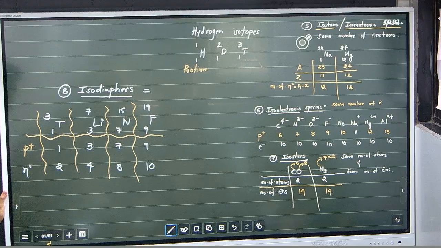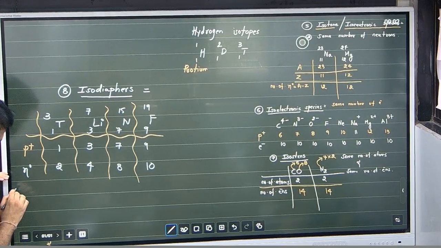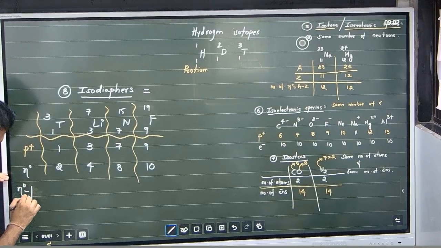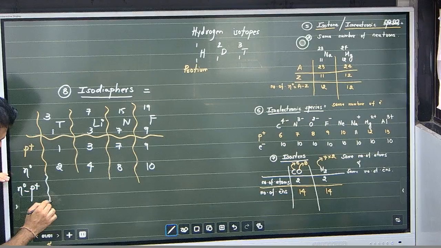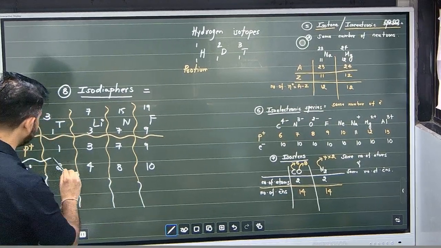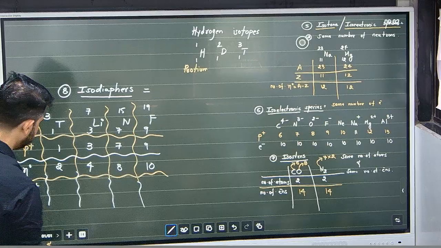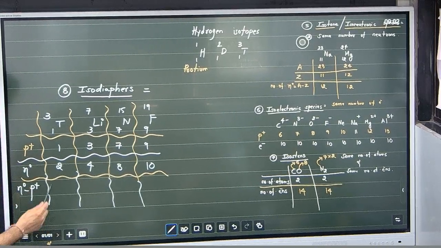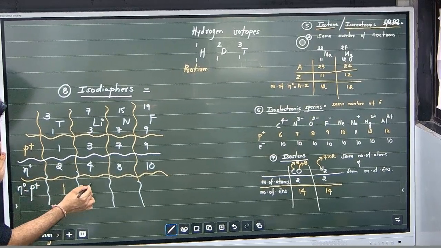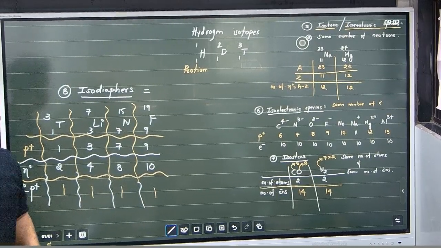8, 10. Okay. Now what we are doing is we are finding the difference between the number of neutrons and the number of protons. What did I say, people? It's the difference between the number of neutrons and the number of protons. Can someone give me the difference between the number of neutrons and protons here? 2 minus 1. So what are isodiaphers?